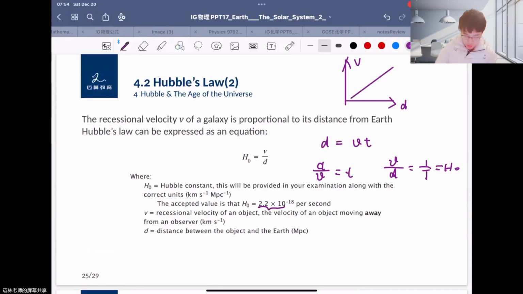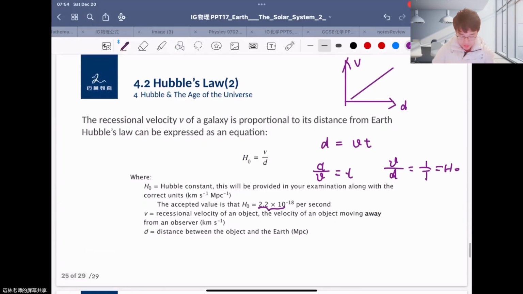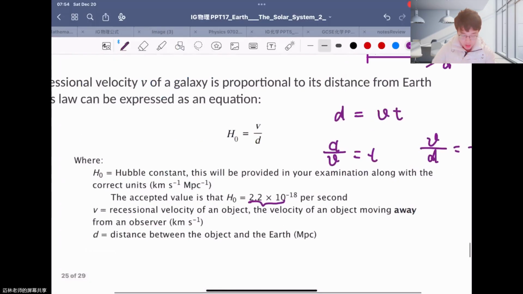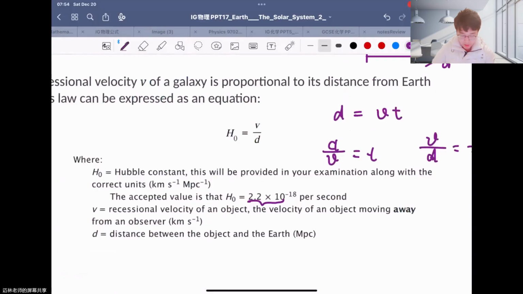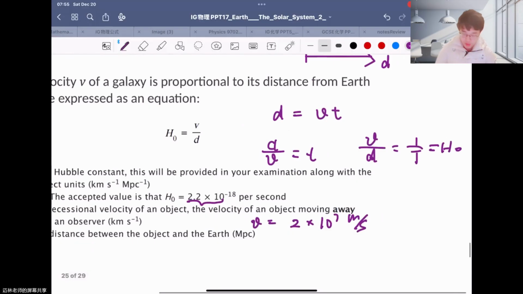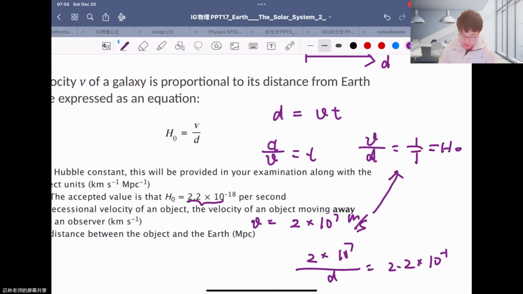Here it is 2.2 times 10 to the negative 18. So you can find there is an example. Here we have a recessional velocity. If the velocity equals 2 times 10 to the 7 meters per second, we can put it into the formula: 2 times 10 to the 7 over the distance equals 2.2 times 10 to the negative 18.